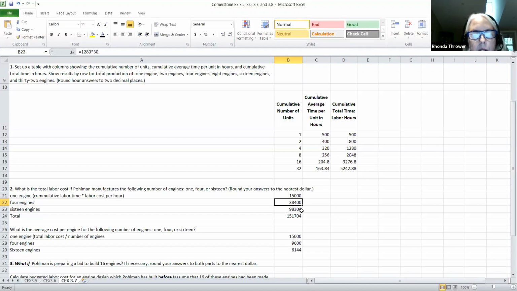If we're computing 16 engines, we're going to drop down here to 16. We're going to pick up the total labor time that's cumulative at 3,276.80. Then we would multiply this by $30, and that would give you 98,304 as the total labor cost for 16 engines.